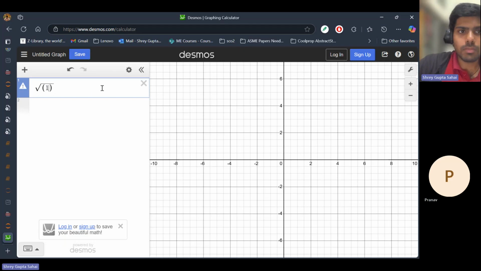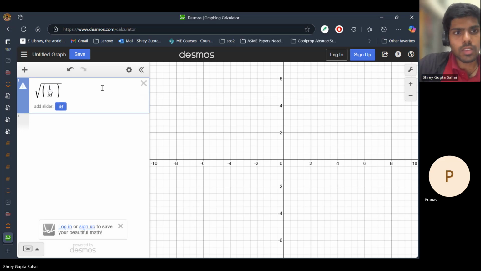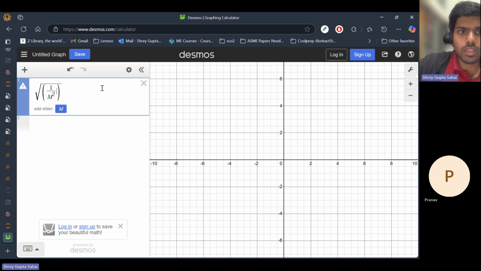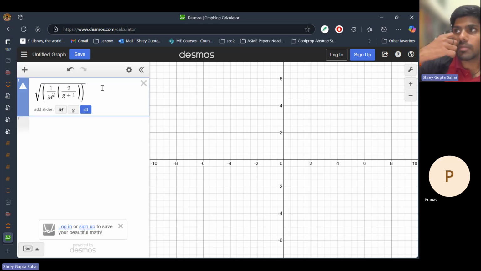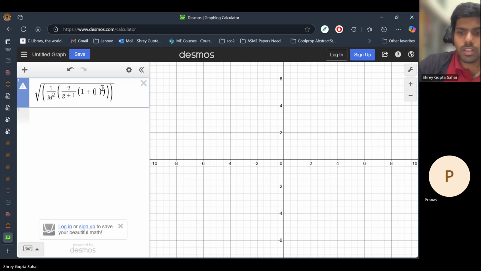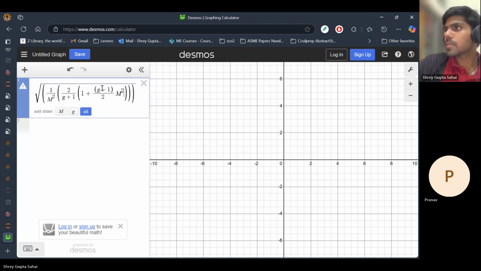So we have 1 by Mach number square, then 2 by gamma plus 1. Just check if I'm writing it fine or not. And this is the formula.